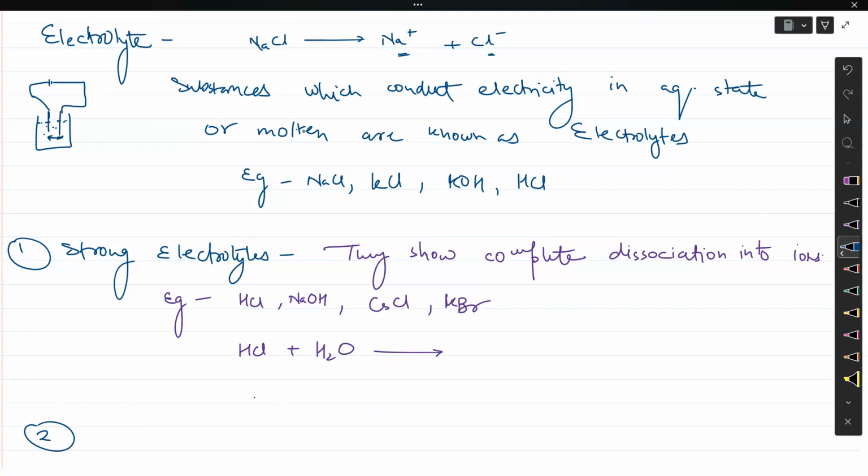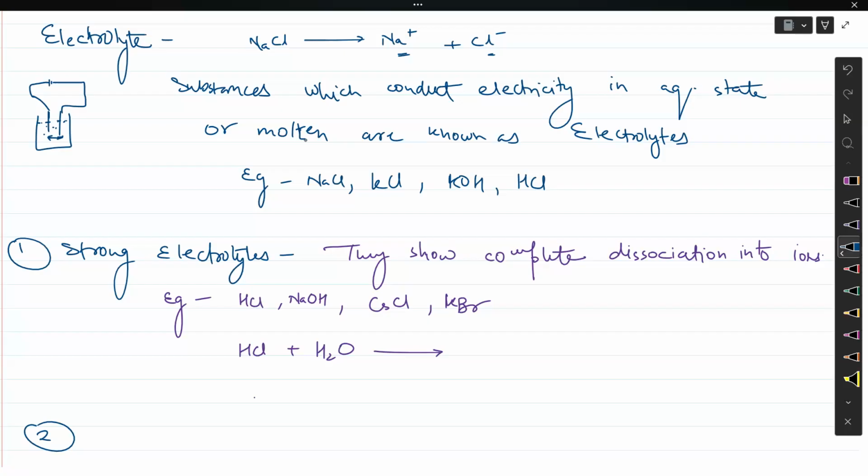One thing more. They conduct electricity in molten state as well, because in molten state they are free to flow in any direction, right? Yes, sir. So if charges are free to flow, they will conduct electricity.